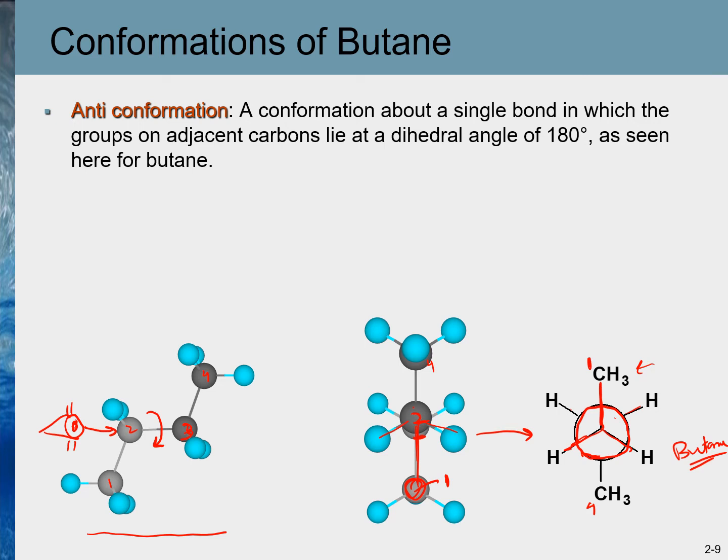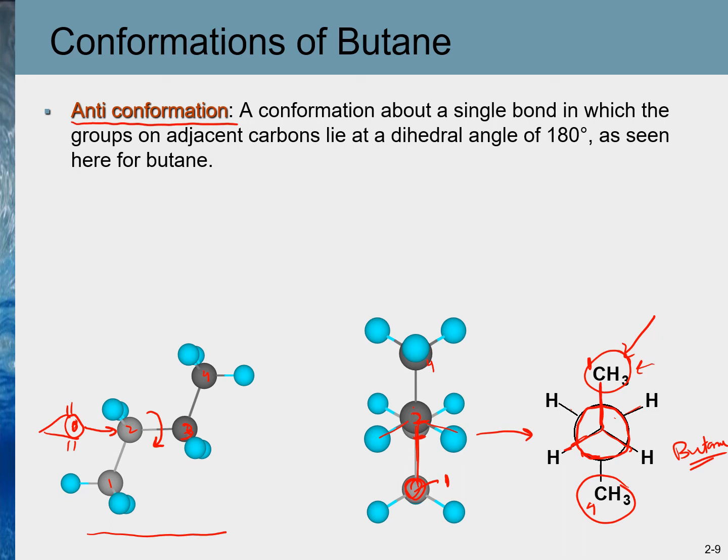However, we don't call this staggered because we don't have the same atoms connected. We have hydrogens and methyl groups. So this conformation of butane is known as anti-conformation. Anti-conformation is a conformation about a single bond in which the groups, the methyl groups in case of butane, lie at a dihedral angle of 180 degrees. 180 degrees means they are exactly opposite to each other.